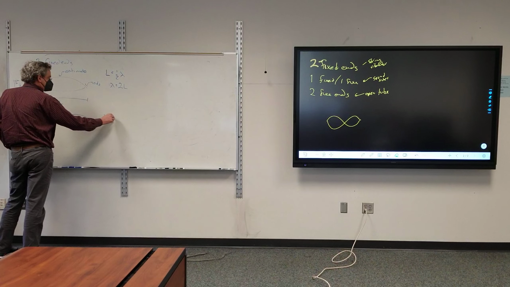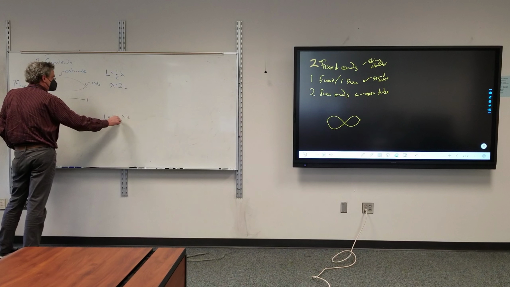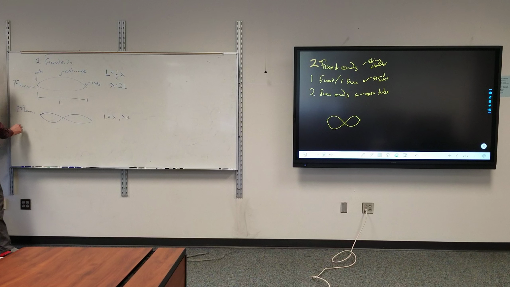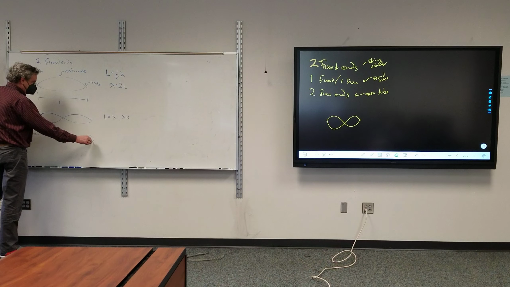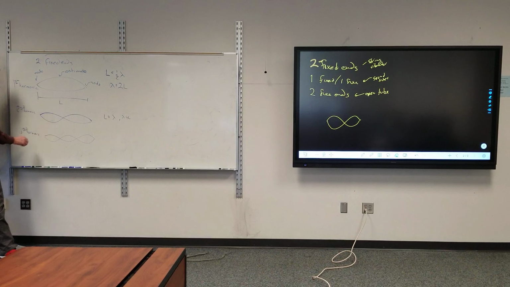So L is equal to the wavelength, or the wavelength is equal to L. The third harmonic: I'm going to write it as the improper fraction, 3 halves of the wavelength, or the wavelength is 2/3 L. And so on. Every time, L is equal to an extra half of a wavelength.